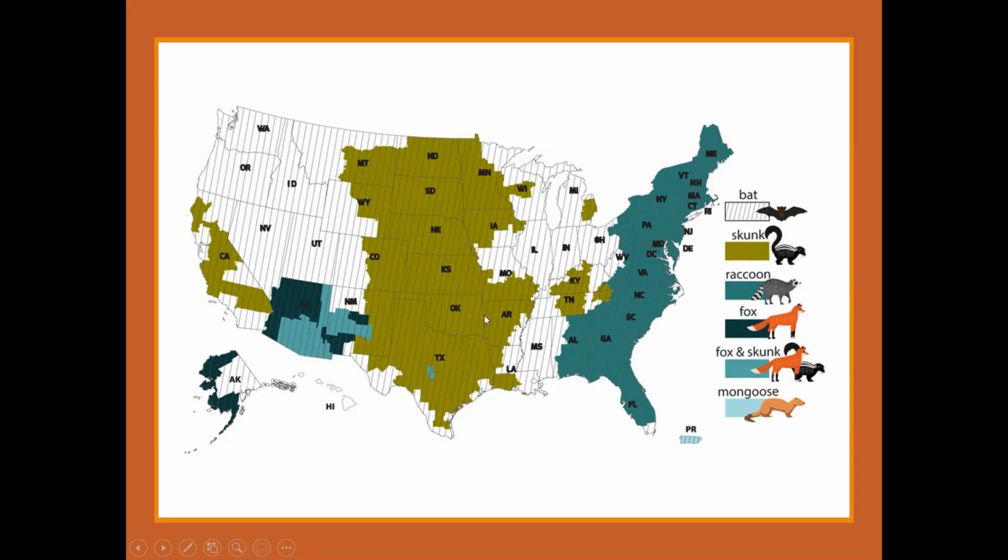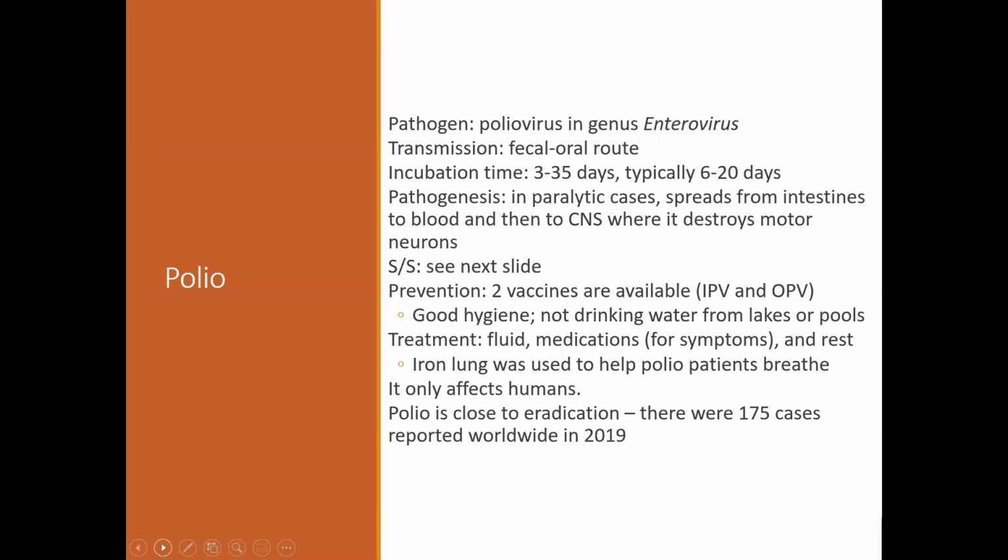In our area, skunks are those that tend to cause most cases of rabies. You see along the East Coast, it's the raccoon. Out west and in Alaska, it's the fox. And then in Puerto Rico, and even though it's not shown here, Hawaii has mongooses. And so those could transmit rabies as well.